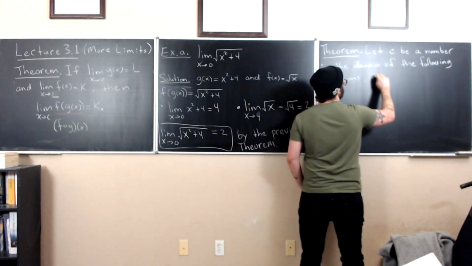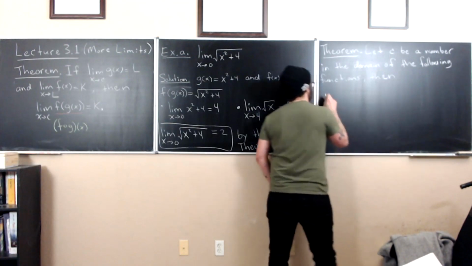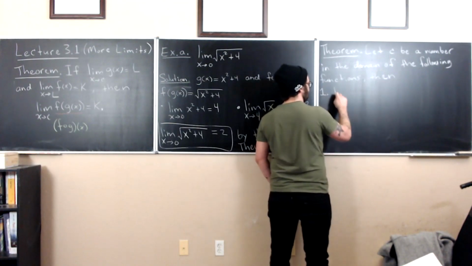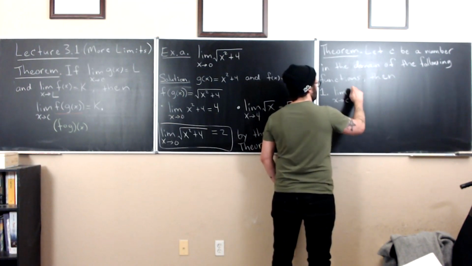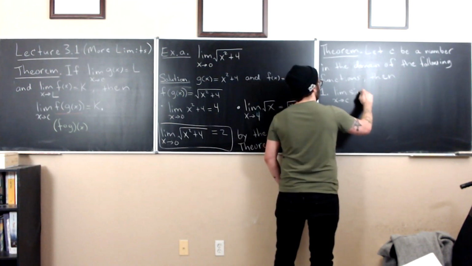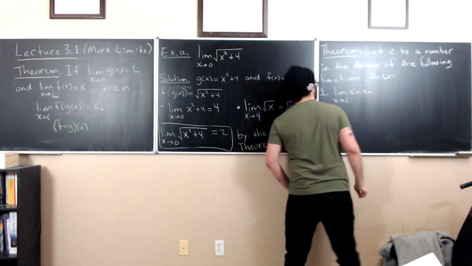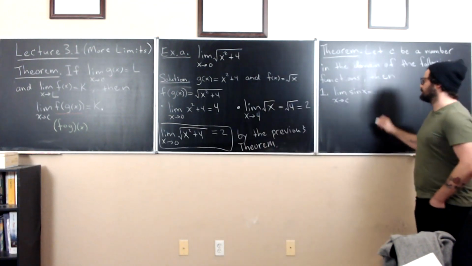Then part 1, if we take the limit as x approaches c of sine of x, this is just going to be equal to sine of c.